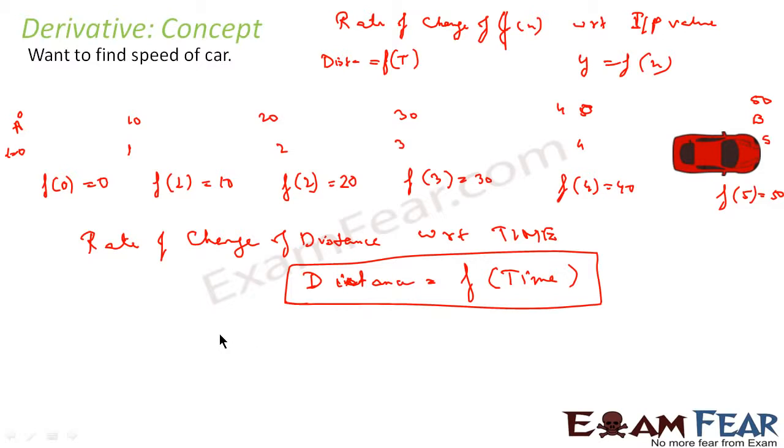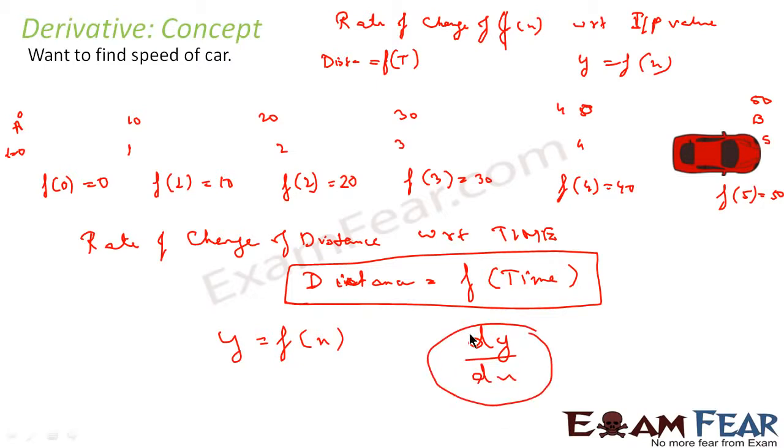So in any equation y is equal to f of x, if you want to find the rate of change of y, that is dy by dx, we can use derivative to find this. We'll explain the formula to find this, but just understand the concept of derivative. Derivative is used to find the rate of change of the value of a function with respect to the input parameter.